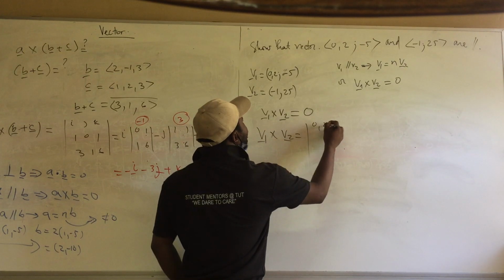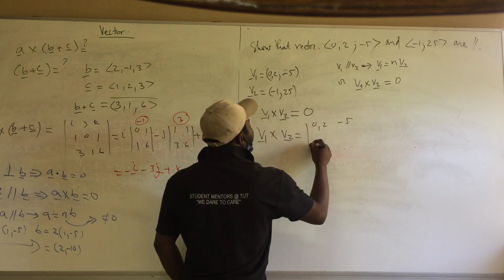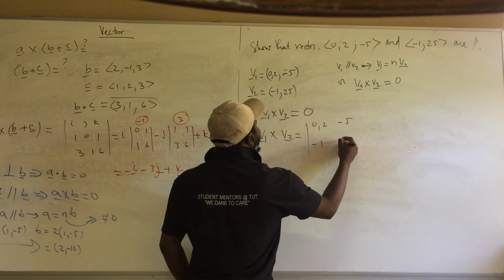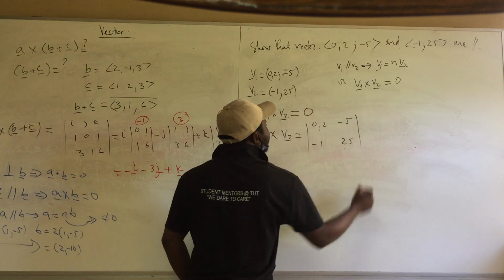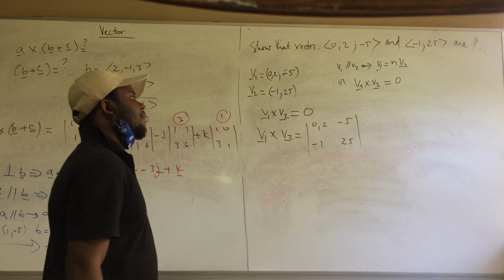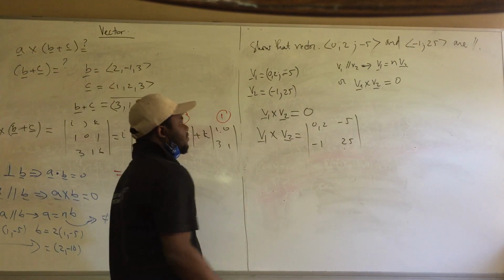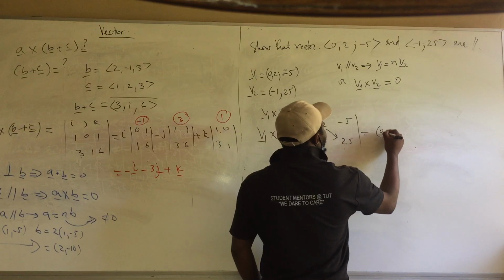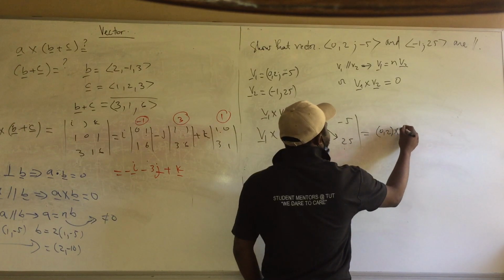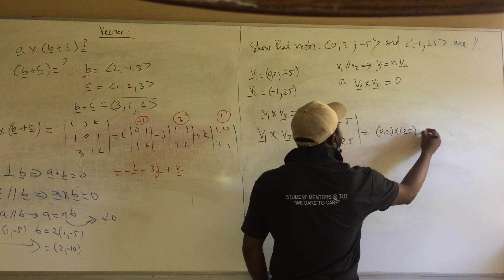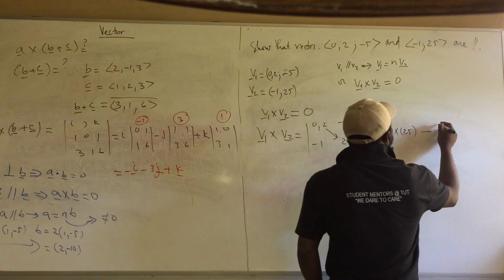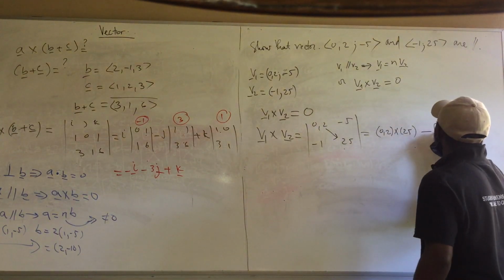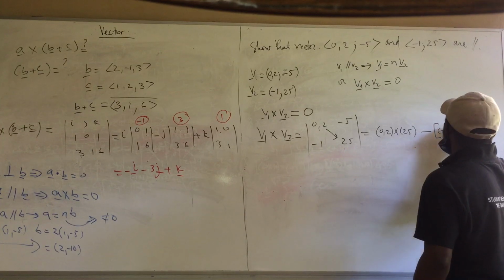I'm going to have 0, 2, minus 5, minus 1, 2, 5, like this, alright? It's going to give you 0.2 times 25 minus 1 times minus 5.